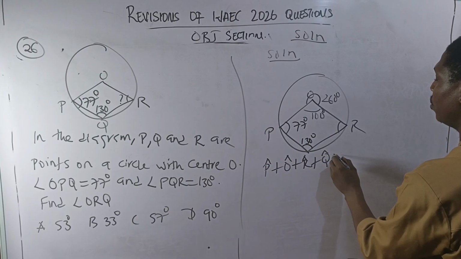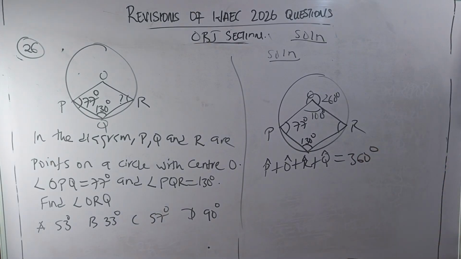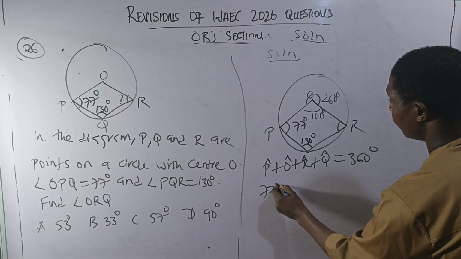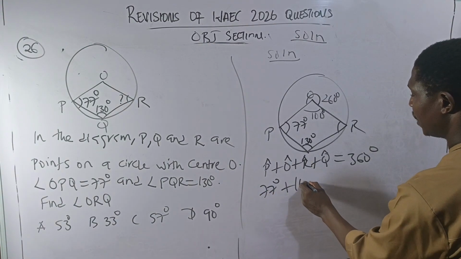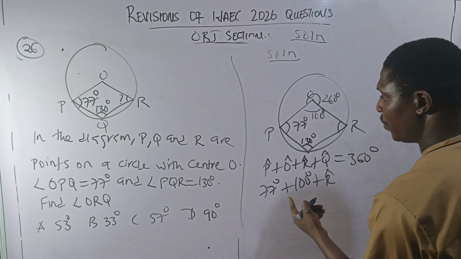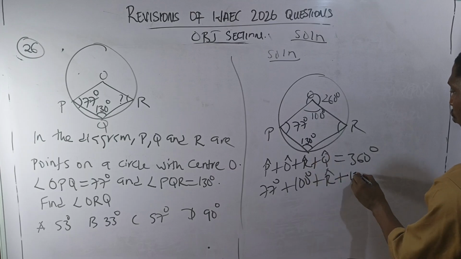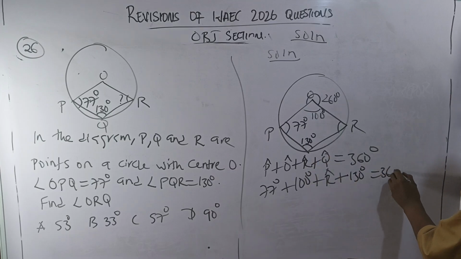If that's 100 degree, I can sum up my angle P plus angle O plus angle R plus angle Q to be equal to what? 360 degree, because sum of interior angles of a cyclic quadrilateral add up to give you 360 degree. My P is 77 degree. My O is 100 degree. My R is my question, which equals angle PQR, and my Q is 130 degree, equals to 360 degree.